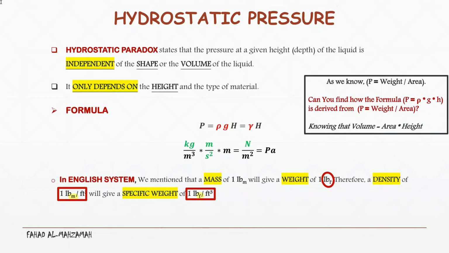Where is the acceleration of gravity? Again, it's plugged inside the unit of pound force. However, in the SI system, we need to multiply rho by g to get the specific weight. We don't put the multiplication by 9.81 inside the Newton; Newton is just a summary of units.